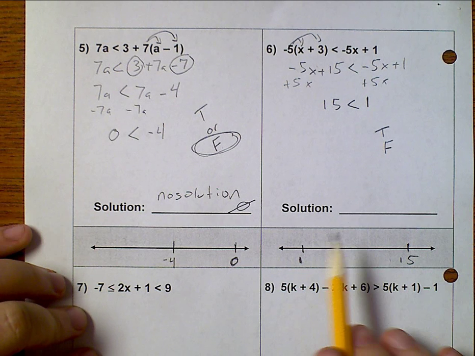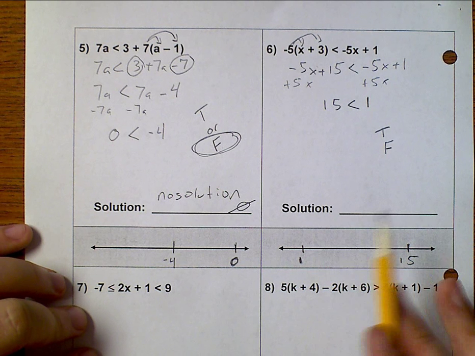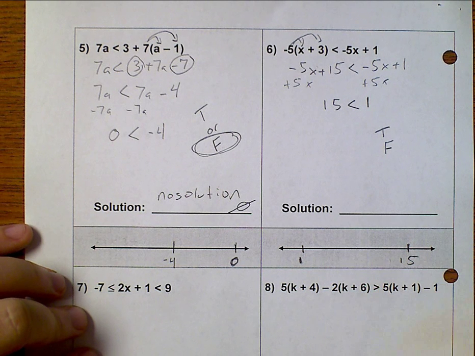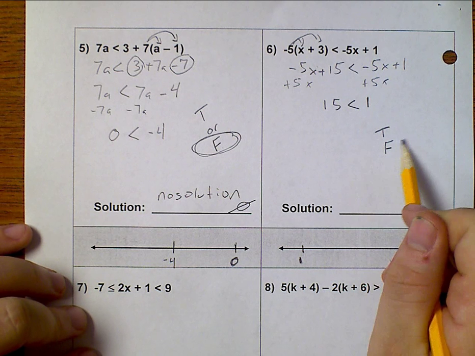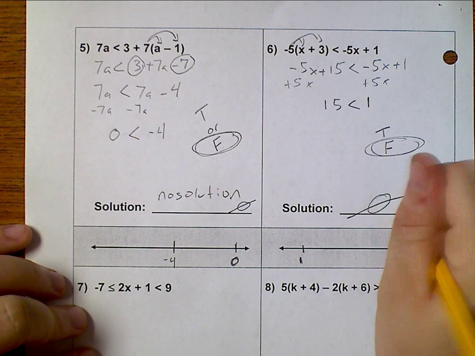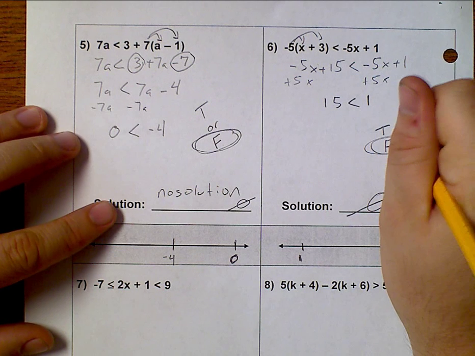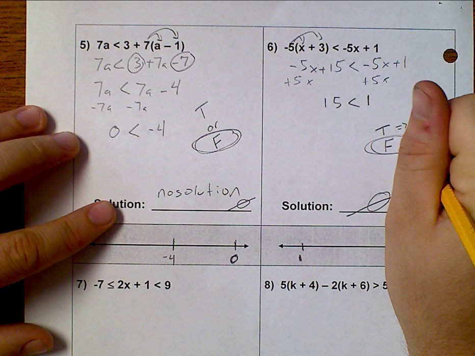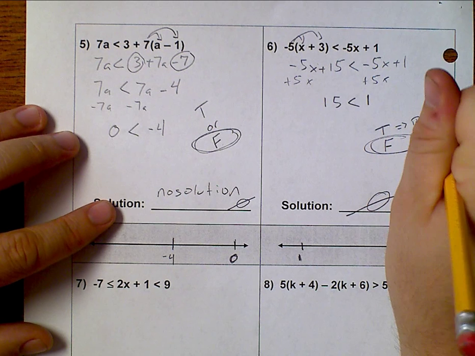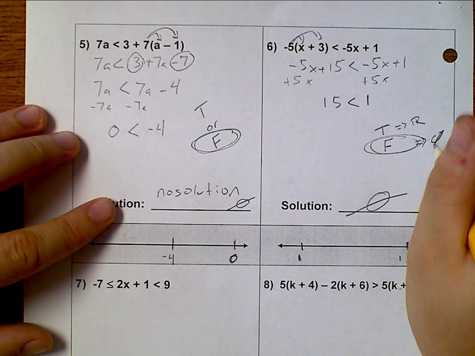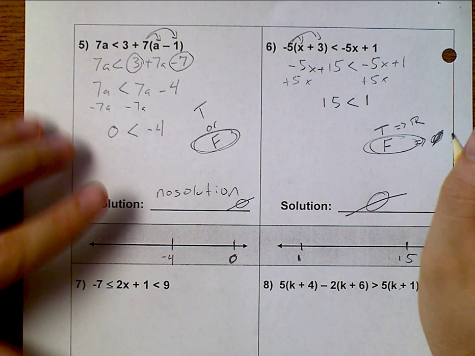And 1 is less than 15. 15 is greater than 1, so this is also false. Now, had this been true, I would have used all real numbers. But it's being false, and so we use no solution.